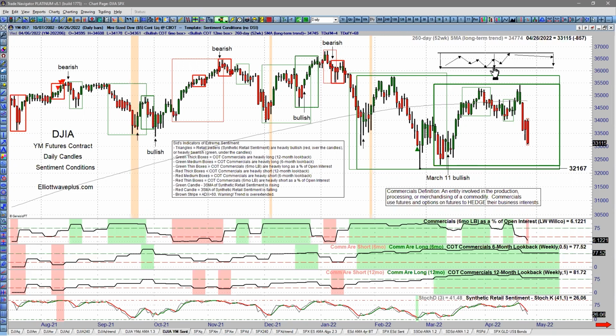So there's the 6-month point, and you're only looking at this right here. Well, this point right here was the low end of the scale during those 6 months, and this was the high end of the scale. So it's always comparing current positioning to their most bullish and most bearish positioning over an X number of month look back.